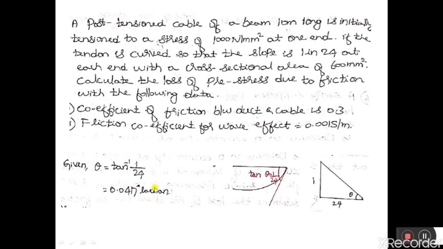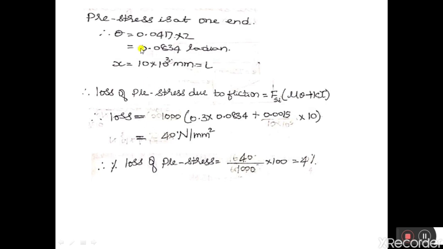Remember that the cable is pulled from only one end, therefore theta is equal to slope into 2, 0.0417 into 2. Hence theta is equal to 0.0834 radian, and x is equal to 10 into 10 to the power of 3 millimeter. X is equal to L.